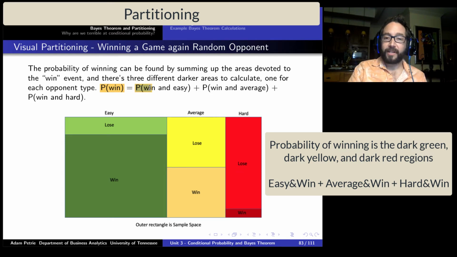In other words, we're taking the probability that the opponent that we face next is easy and we win, plus the probability the opponent is average and we win, the dark yellow, plus the probability that the opponent is hard and we win, this dark red area. So mathematically, that's just adding up the probability of winning easy to the probability of winning average to the probability of winning hard.